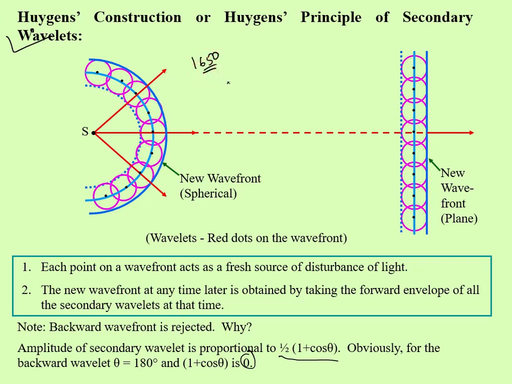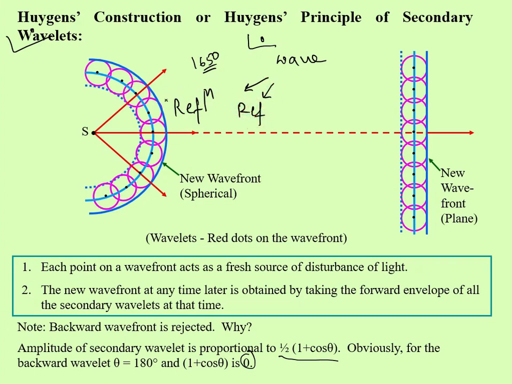Okay, so how is it superior? We discussed in the initial part of this lecture that ray theory could explain reflection, refraction, dispersion, but it could not explain interference, diffraction, and polarization. However, Huygens wave theory is widely accepted because this wave theory also explains ray theory concepts, that is reflection, refraction.